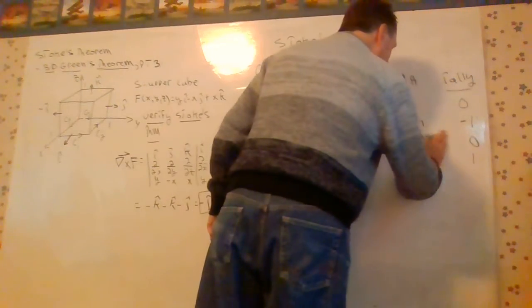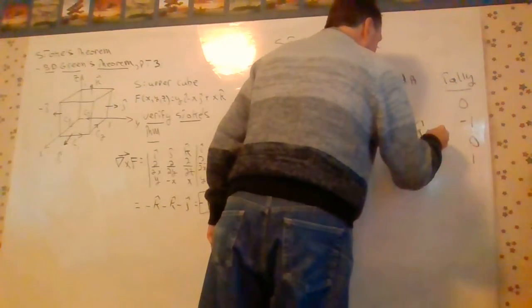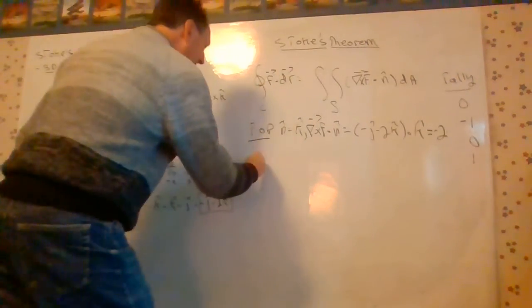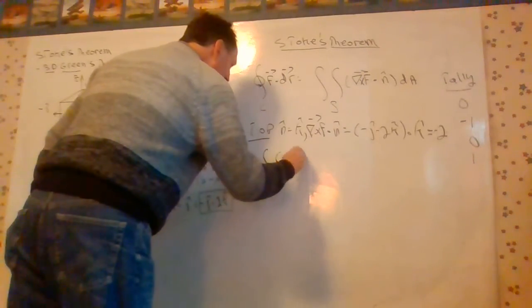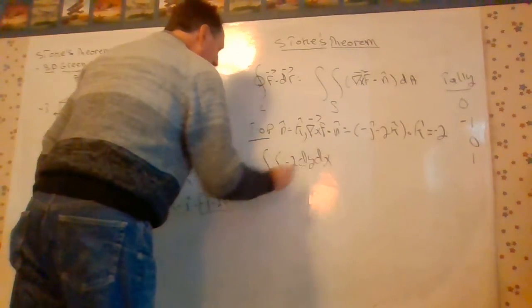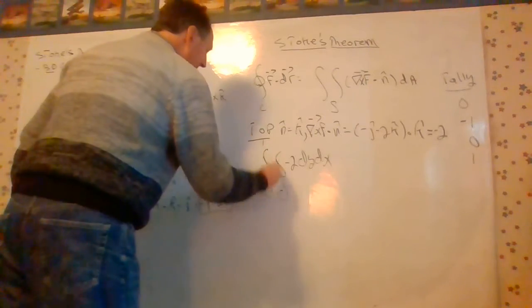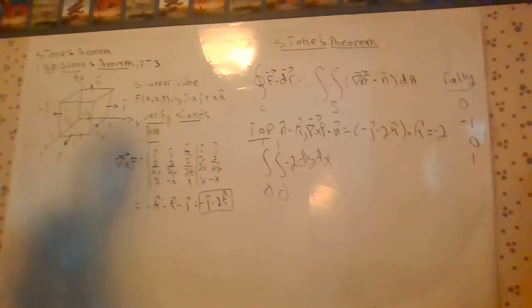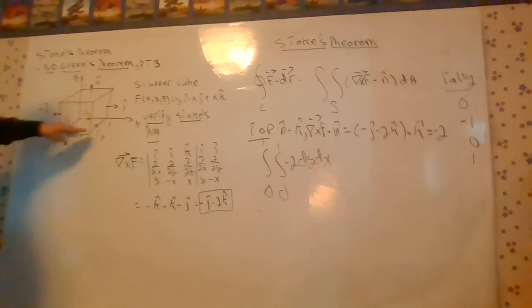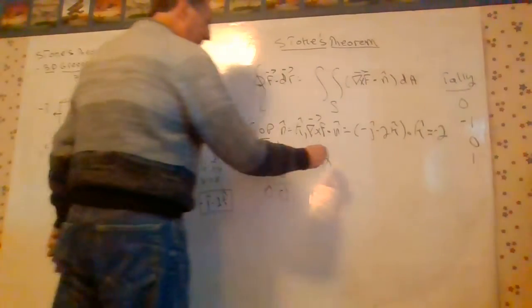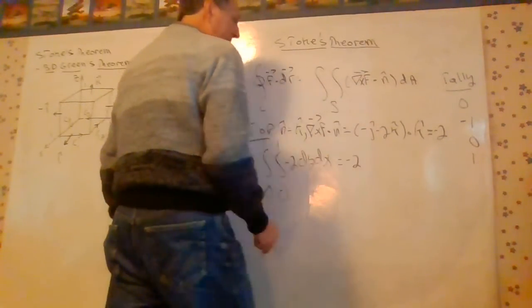It looks like the top saved the day. And so we're going to integrate negative 2 dy dx, or dx dy, doesn't really matter. We're integrating over this top surface. It's an xy integral, and so we get negative 2.